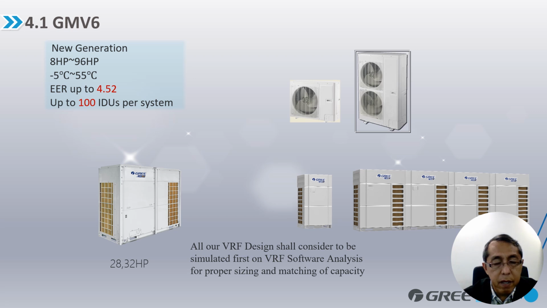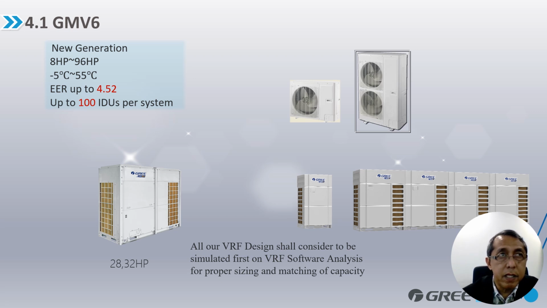Please note, when you want us to provide a design for copper tube piping layout for your VRF system, all our VRF designs shall be simulated first on the VRF software for analysis and for proper sizing and matching of capacity.